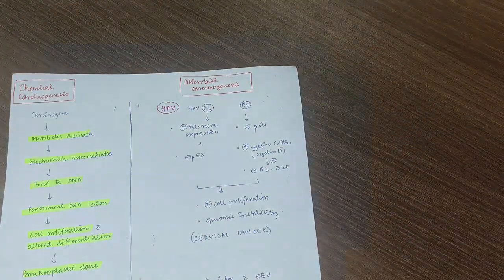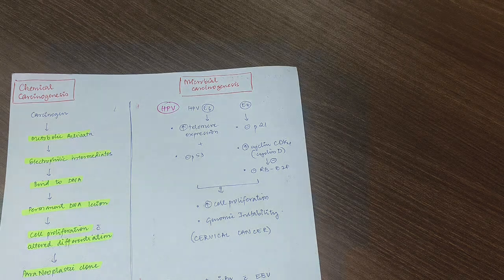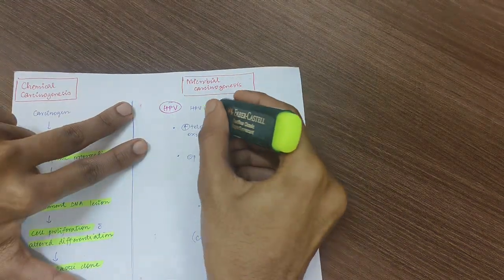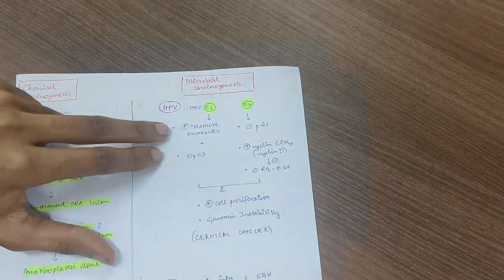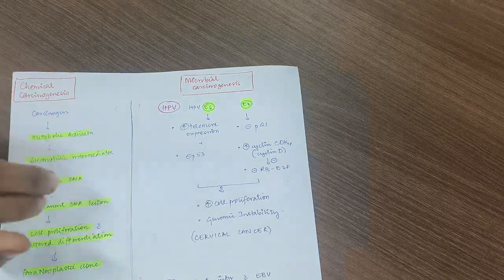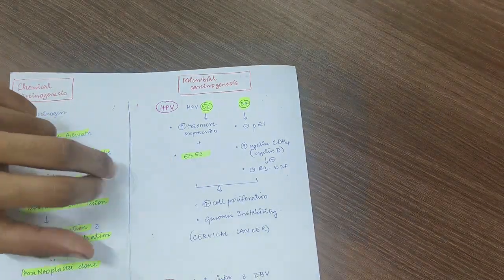Coming to microbial carcinogenesis, there are two viruses you must remember. One is HPV and the next is EBV. HPV is human papillomavirus, EBV is Epstein-Barr virus. HPV has two components: the E6 component and the E7 component. E6 will increase telomerase expression and inhibit P53.